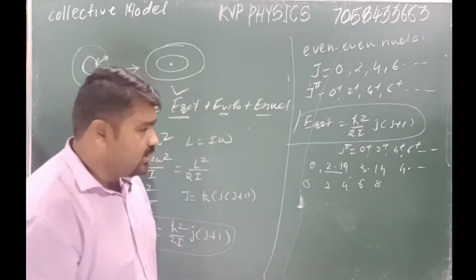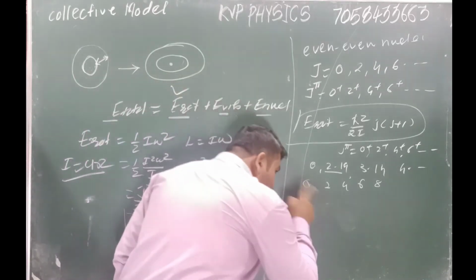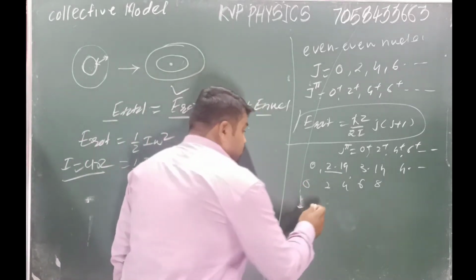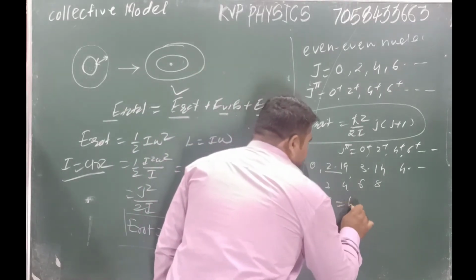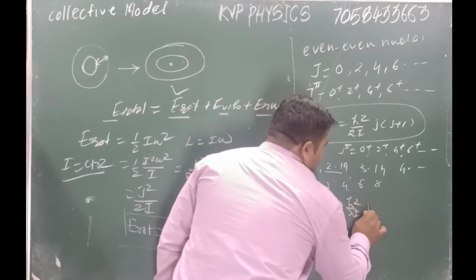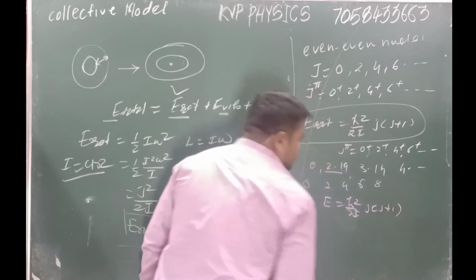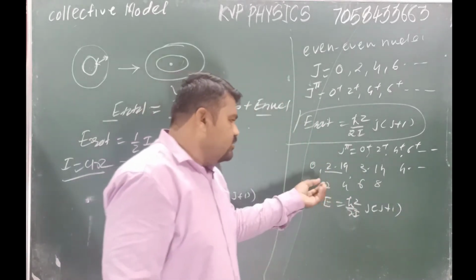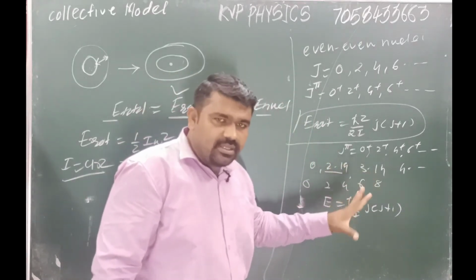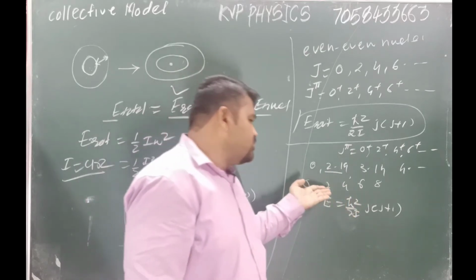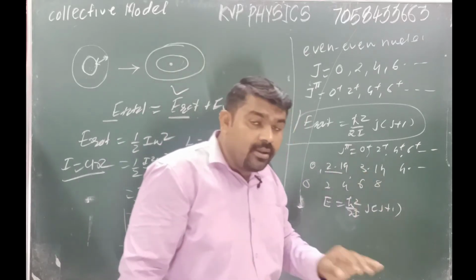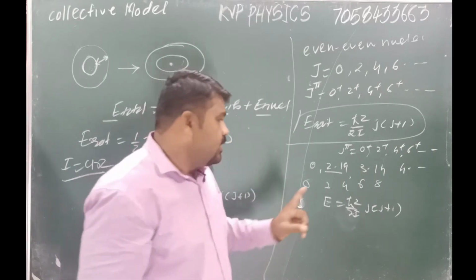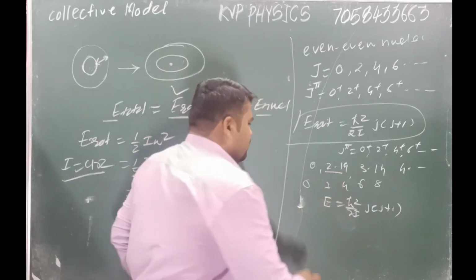First we find h cross square upon 2I from the given data, using h cross square upon 2I J into J plus 1. Choose any one state as you wish: 2, 4, 6 or 8, any one for finding h cross square upon 2I. Here the energy is given, which means the left side is given.